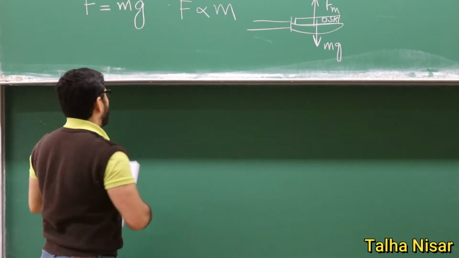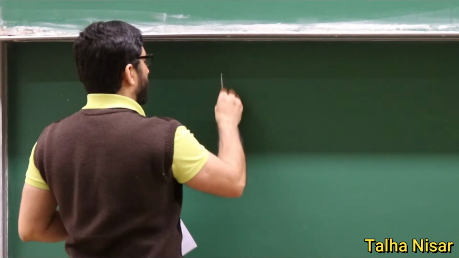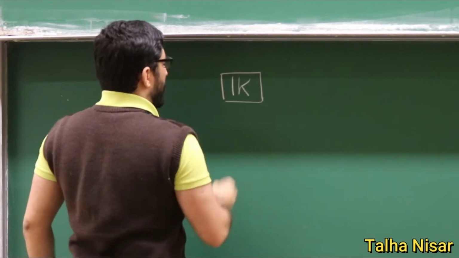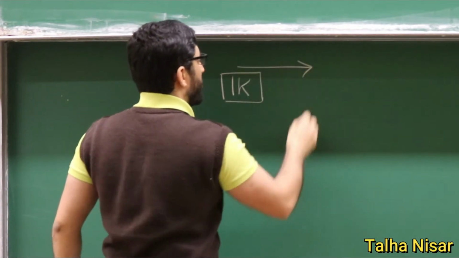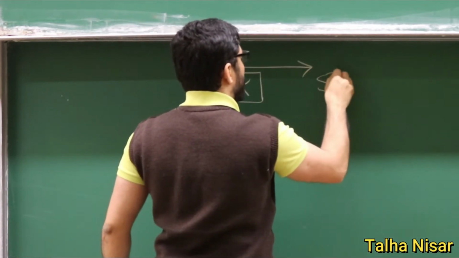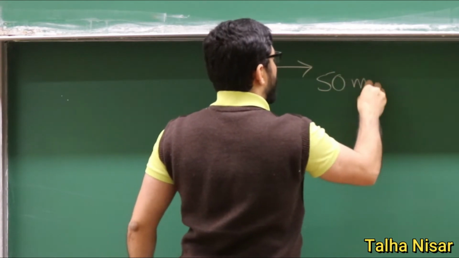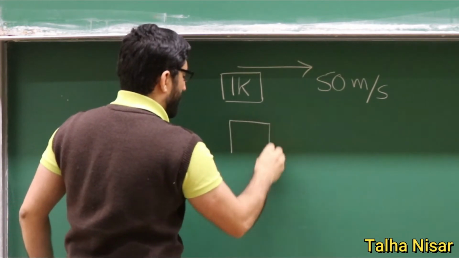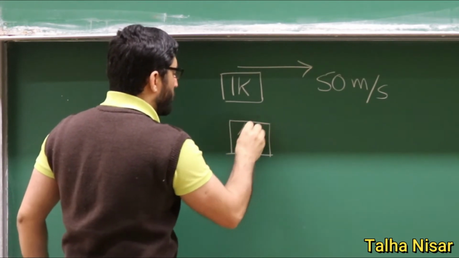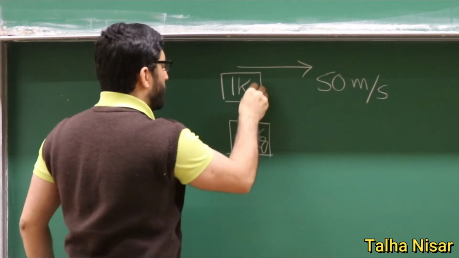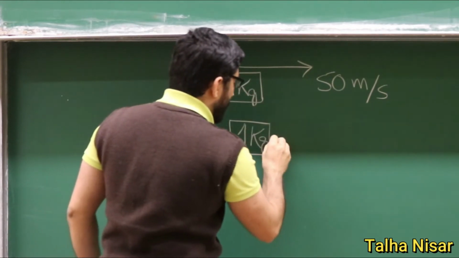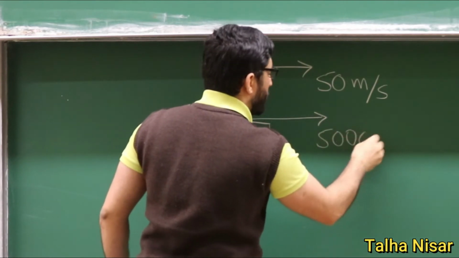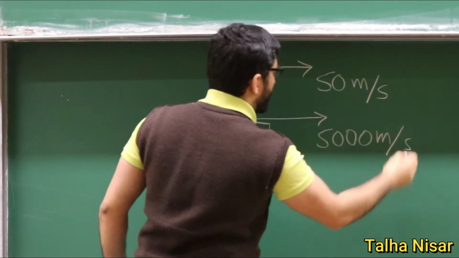We have a mass of 1 kg, and this mass is moving in this direction with, for example, 50 meters per second, and we have another mass, which is also 1 kg, moving with 5,000 meters per second.